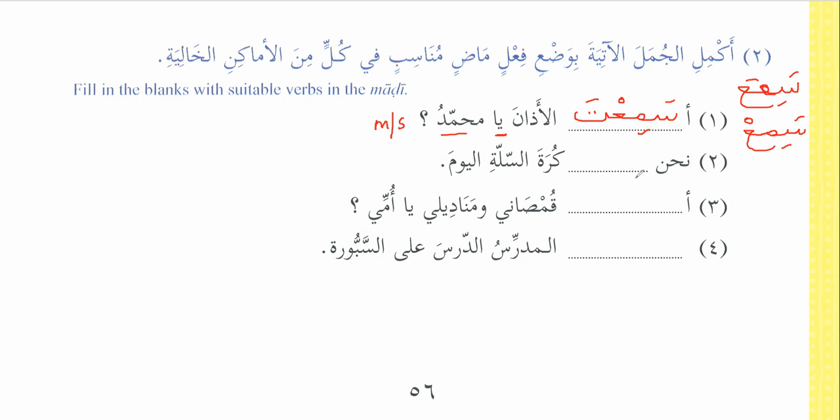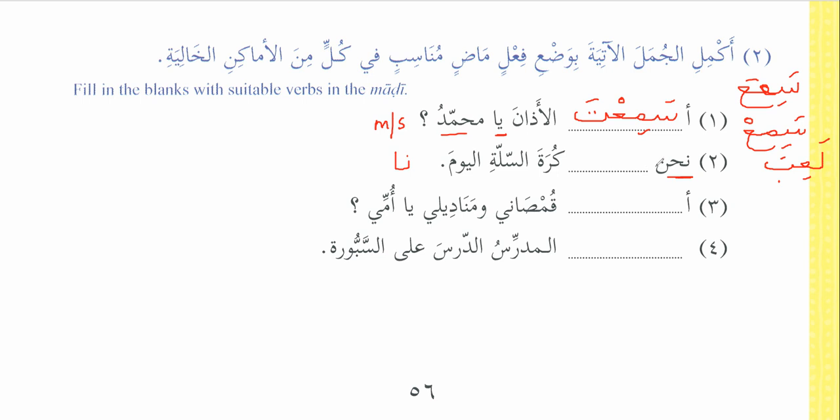Sami'ta. Nahnu. Now this tells us we should go to the mutakallim group. Nahnu. We have a special damir, that is noon al-fa'ilin. So nahnu dash kurata sillati. Kurata sillati is basketball. So what can you do with kurata sillati? La'iba. So our verb is la'iba, right? And what should be the structure when we are using the mutakallim?